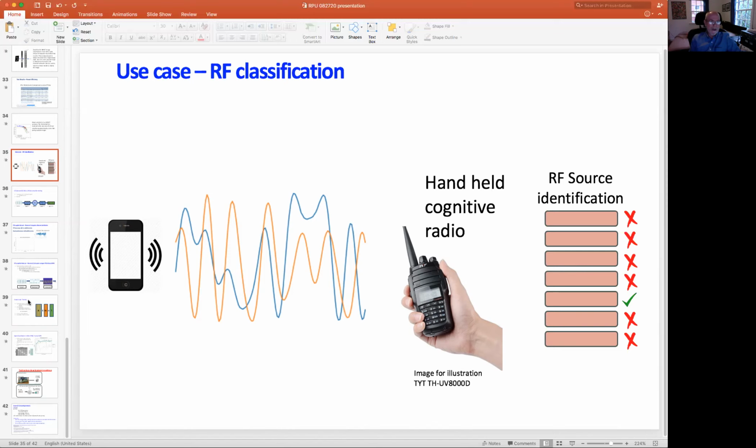And it's known that RF classification is needed for a wide variety of things, just to determine what are open channels. But in our particular case, we're also going to look at whether or not we can classify radio frequency transmitters between different transmitters that may be the same make and model, but just different individual units.